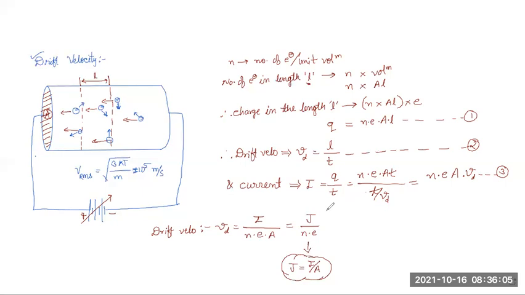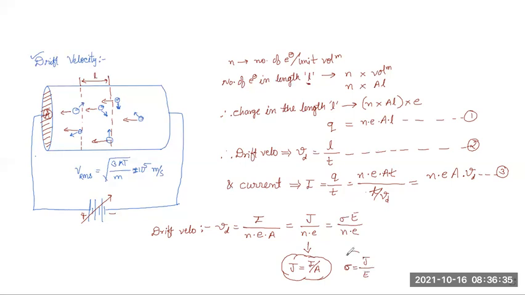Putting it another way, this current density J can also be written as sigma into E, and then Ne as it is. What is sigma? It is the conductivity. We know that sigma can be taken as current density divided by the electric field strength.